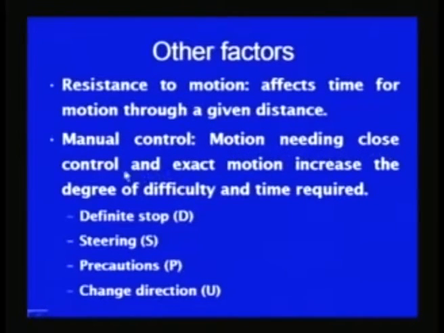Motion needing close control and exact motion increases the degree of difficulty and the time required. For example, a definite stop, continuous control required for steering, the precautions which are required, and a change in direction in a very specific manner. So, these are the conditions which indicate the kind of control required for performing the motion. The greater the increase in the degree of difficulty for performing the motion, the greater the time required for carrying out those motions.